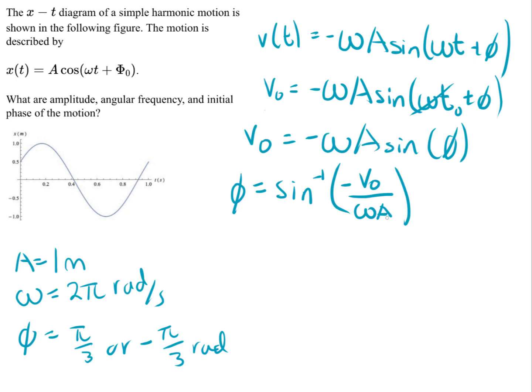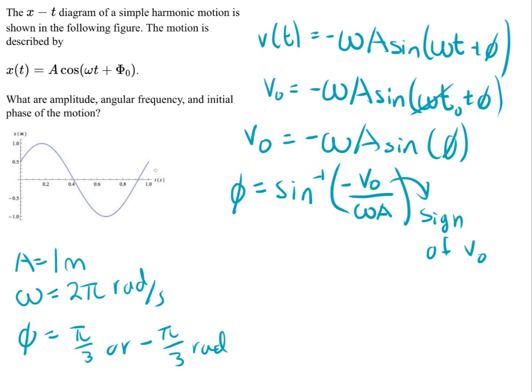Now, if you look at this, you might notice that it's unsolvable because we don't know what the initial velocity is. But the thing is, we actually don't need to. We just need to look at the sign of the initial velocity of the object in simple harmonic motion. And if you remember, the velocity is the rate of change of the position.